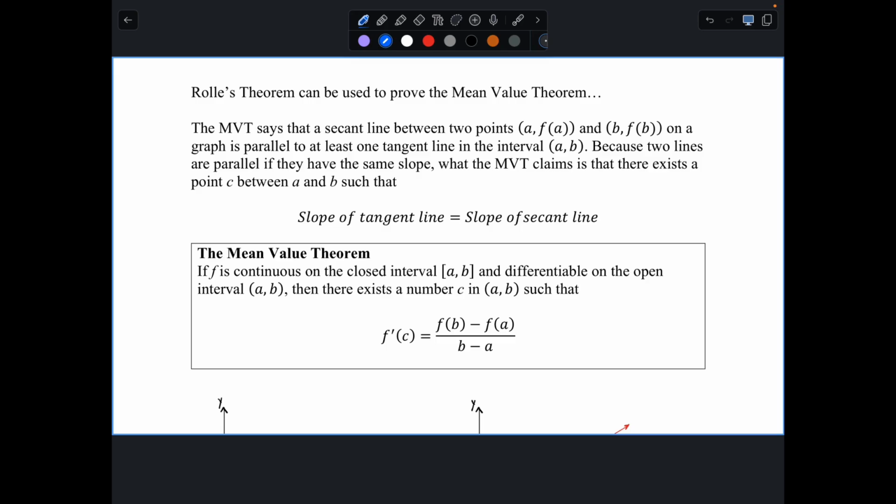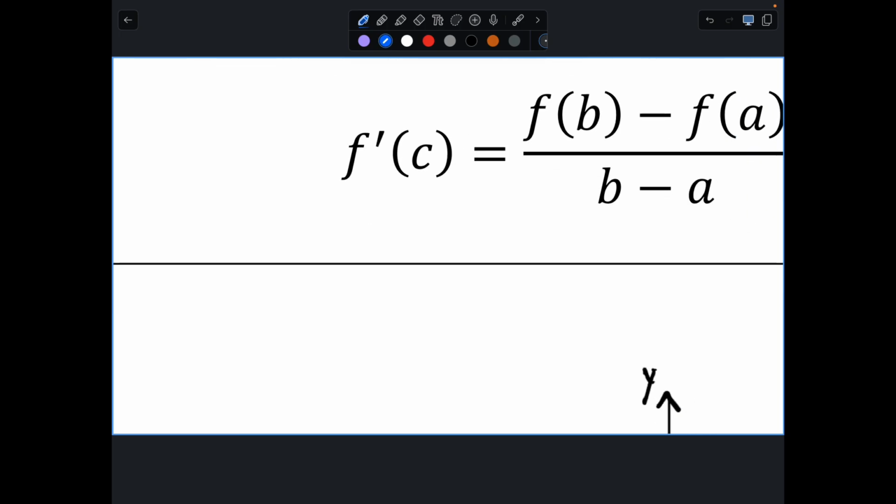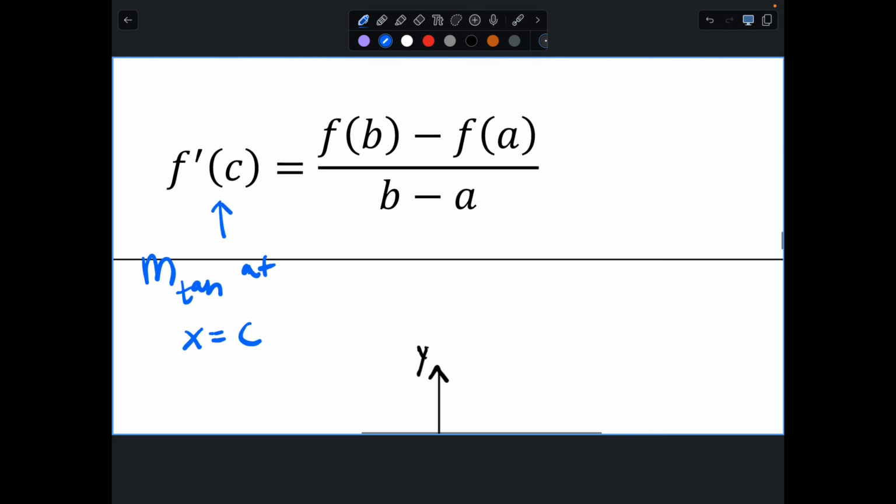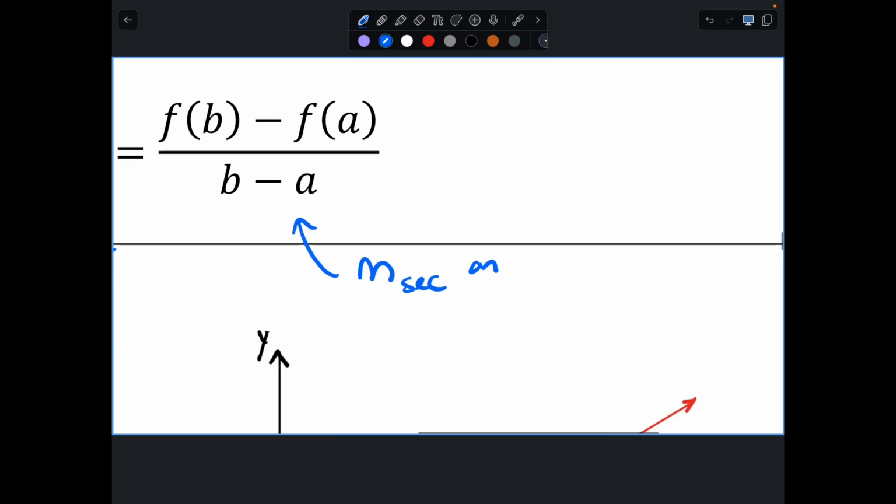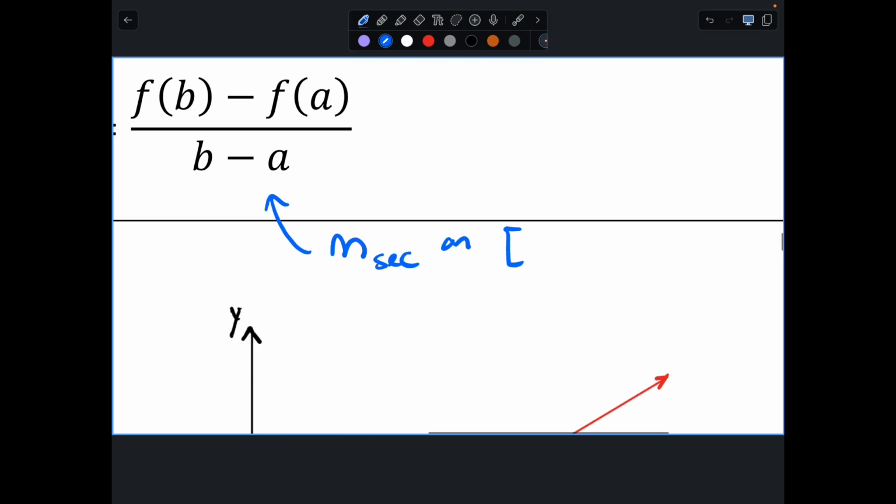So there exists a number C on the open interval such that f prime of C is equal to the average rate of change. So f prime of C would be the slope of this tangent line at x equals C, and f of b minus f of a over b minus a would be the slope of this secant line on the interval from a to b.